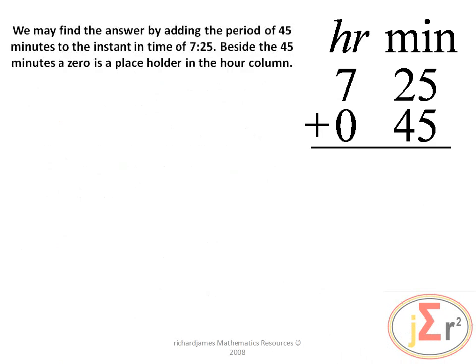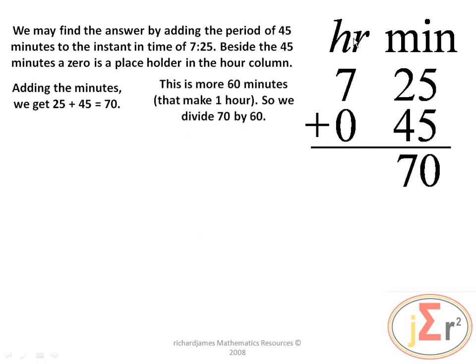Of course, we can take another approach in which we add the period of 45 minutes to the instant in time of 7:25. And of course, we will put a 0 here as a placeholder. Adding the minutes, we get 25 plus 45 is equal to 70. This is more than 60 minutes.